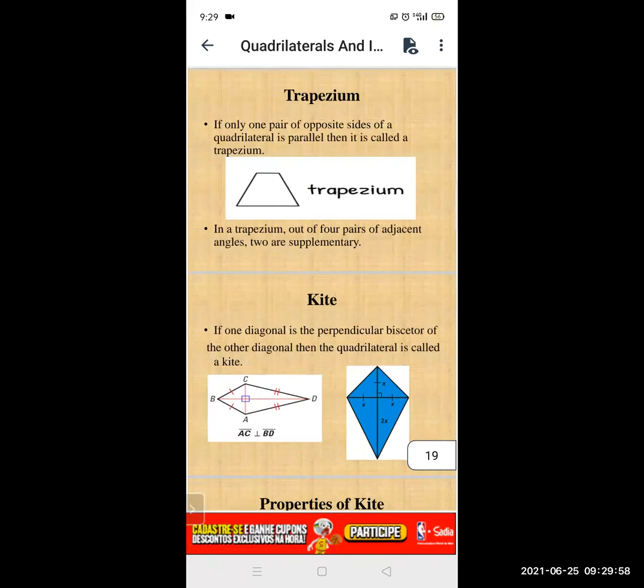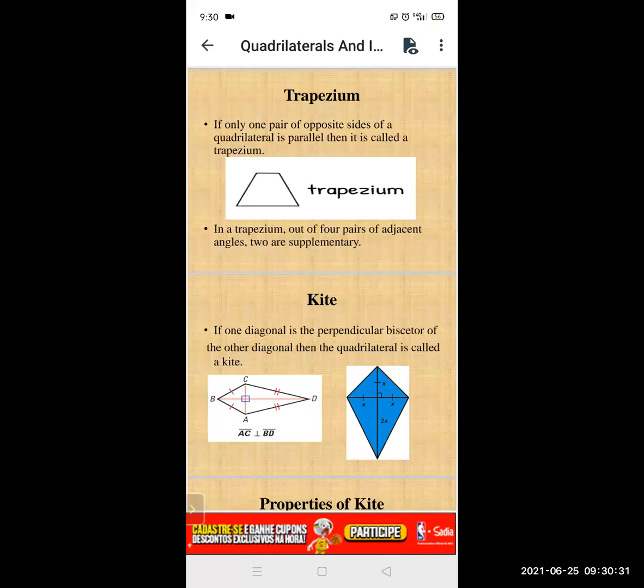Okay, now let us see the trapezium. What is a trapezium? If only one pair of opposite sides of a quadrilateral is parallel, then it is called a trapezium. Only one pair is parallel. In a parallelogram, the four sides form two pairs which are parallel to each other.